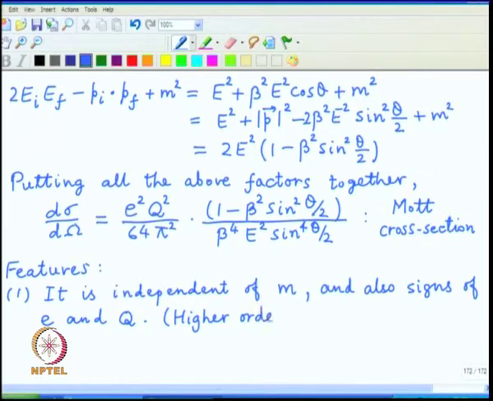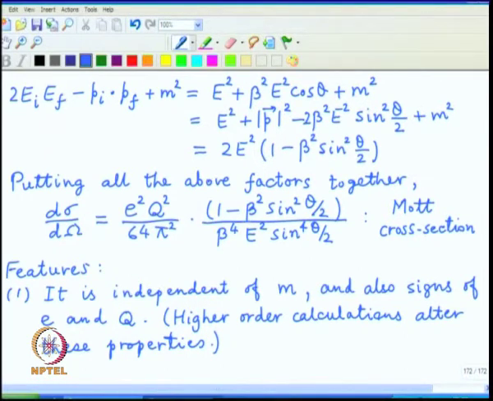In a higher order calculation they end up changing it, but in the lowest order this is a kind of peculiar feature which shows up, and one of the consequences is that whether you use an electron or a positron, the leading order cross section is the same.